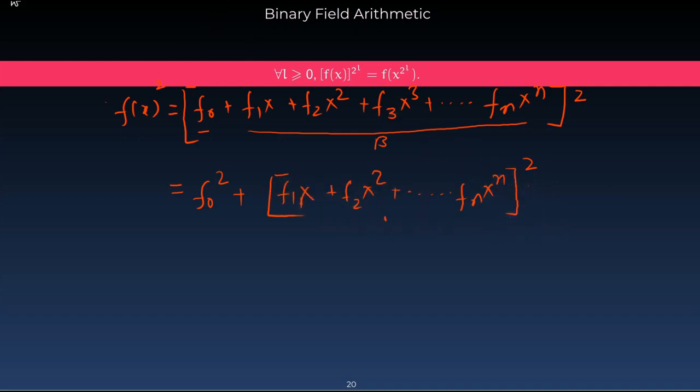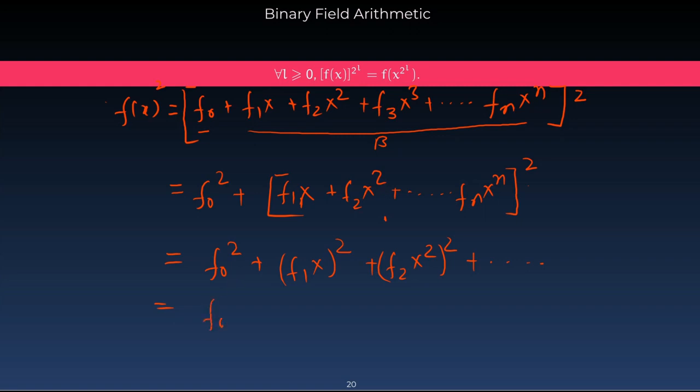So if we expand it along the same line, our answer is going to be f0 square plus (f1 x) whole square plus (f2 x square) whole square, and so on and so forth. You see that f0 can be either 0 or 1, f1 can be either 0 or 1, and 0 square is 0, 1 square is 1.